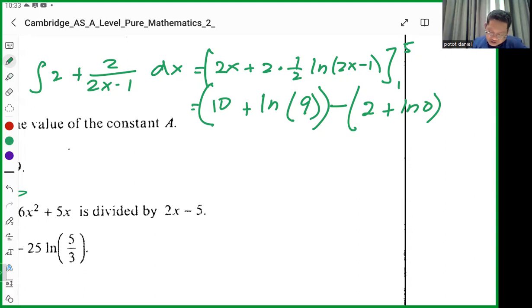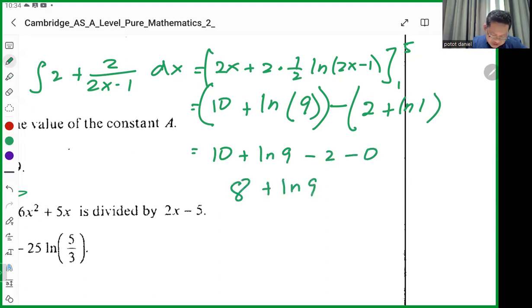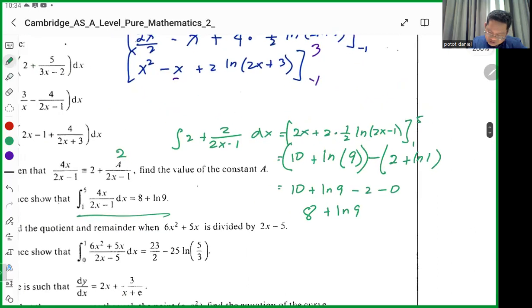Sorry, this is wrong, let me just write ln 1 there. So therefore, this is now 10 plus ln 9 minus 2 minus 0. So therefore, that is 8 plus ln 9, which is actually what we have shown.